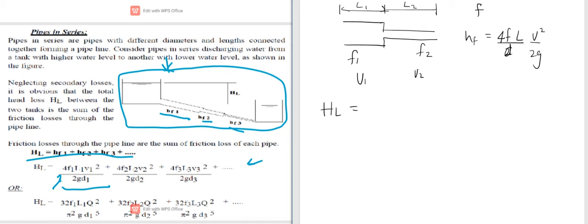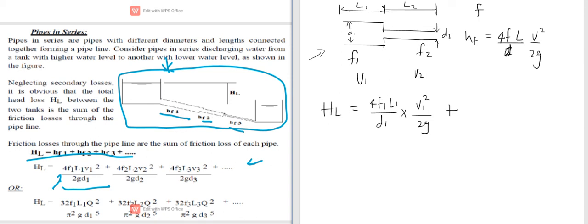So now for the first pipe, it will be 4F1 L1 over D1, where it has a diameter of D1 and this one is D2, multiplied by V1 square over 2G.